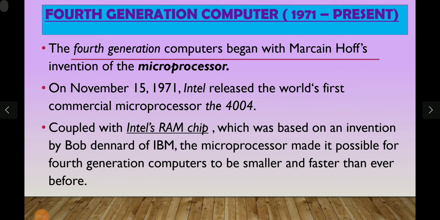It is a very important thing, isn't it? The fourth generation computers are much smaller and even faster than ever before. Why? Because we use the microprocessor in this generation, which was never used in the previous three generations.